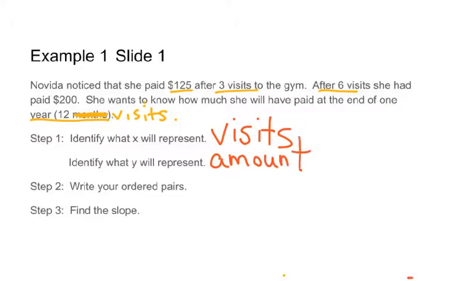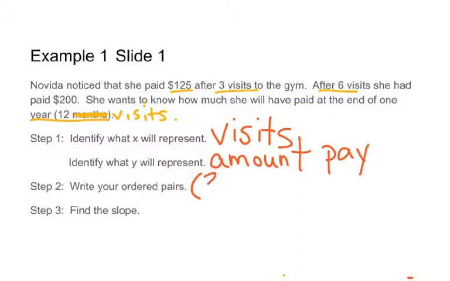Because the amount you pay in this problem depends on the visits. So visits has to be the independent variable, and Y has to be the amount paid.